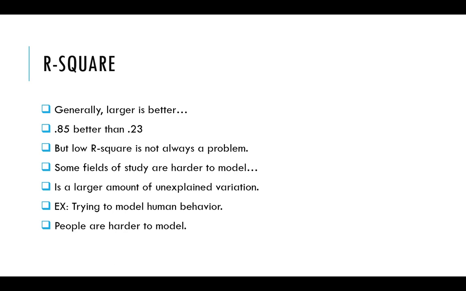Now, where might we not see this problem? Something like sciences. There might be just more ability to better model certain scientific things. So, modeling people, much harder. There might be unobserved heterogeneity, things that we can't control for, that make it much harder to build a model that will be able to really accurately predict human behavior.